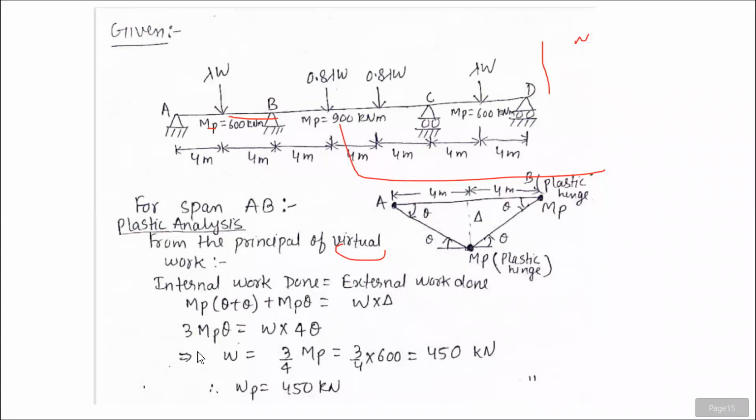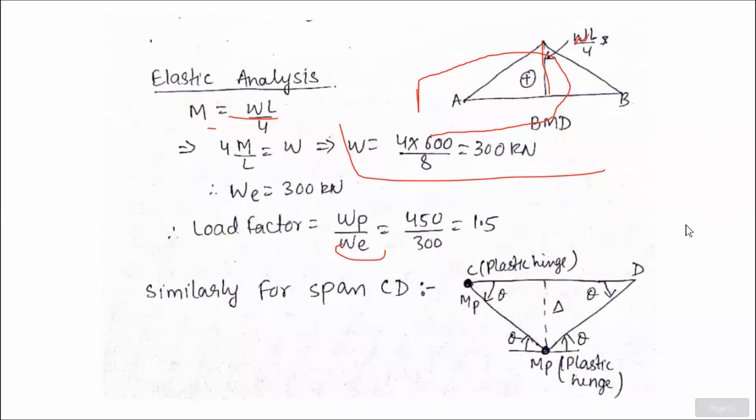Sa span CD, ito, since same lang sila, na 600 kN din. Same din na distance. So, magkakamap tayo sa sagot na ito. Parehas din sila.